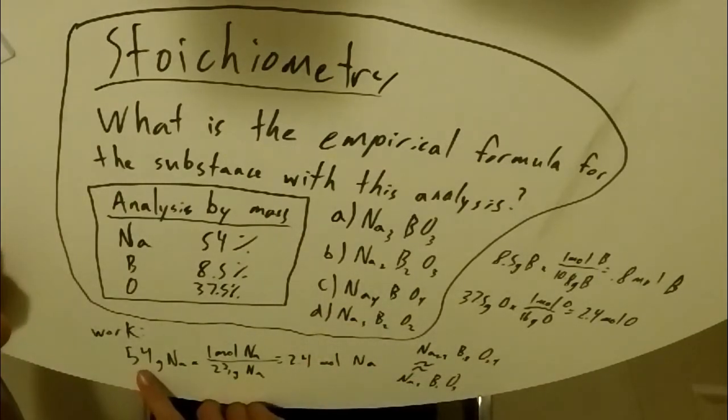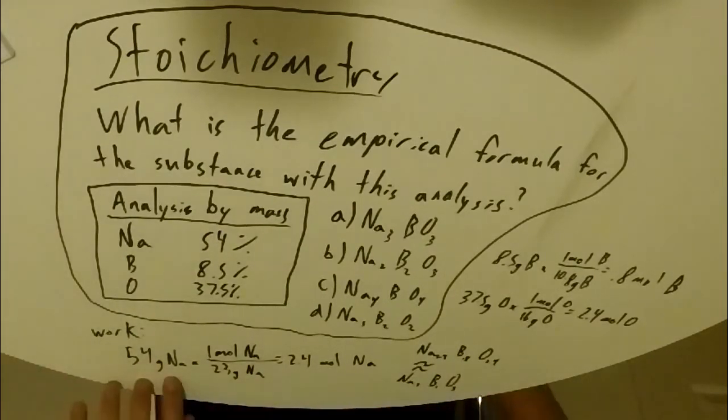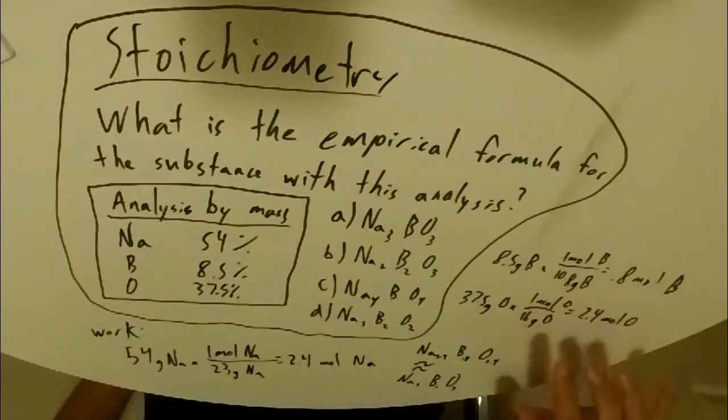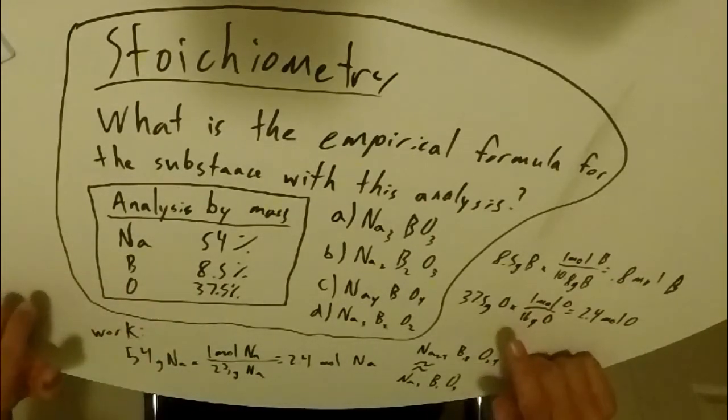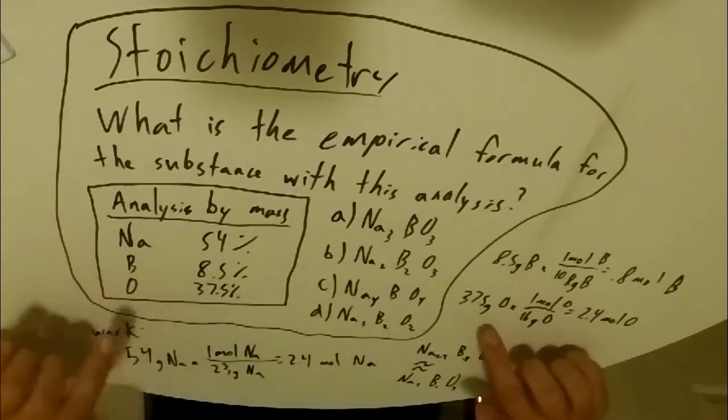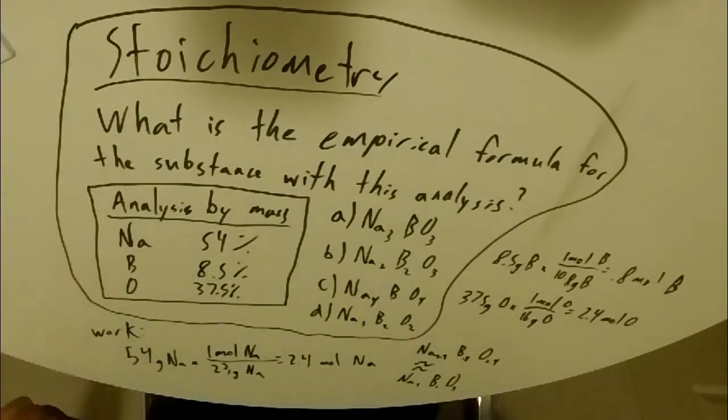So we use 54 grams of Na, and then I converted that to moles using its molar mass. And then I did the same thing for boron and oxygen using 8.5 grams of boron and 37.5 grams of oxygen.